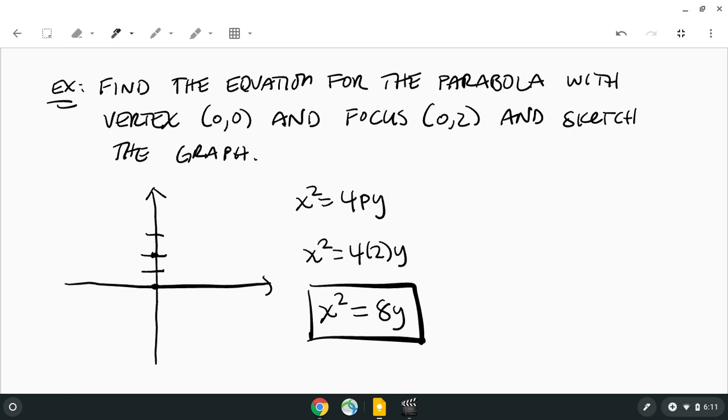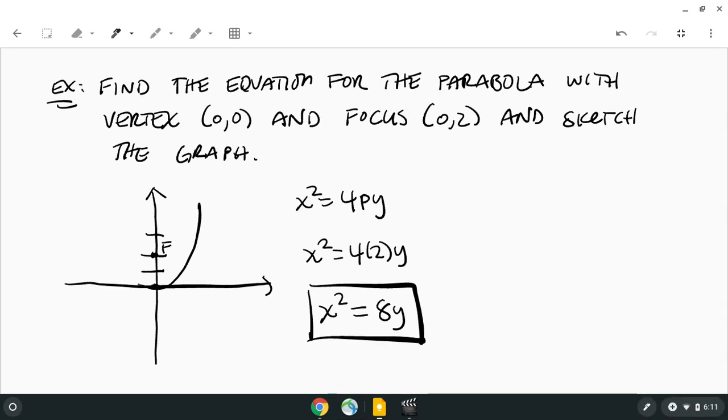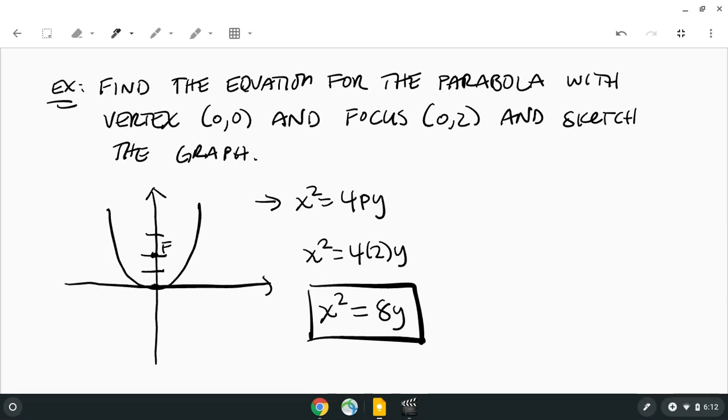This is our focus, and we know the focus is always inside the parabola, so we know it does this. From that, then we know this is going to be that equation. And then all we have to do is count to find out what P is and plug it in there.